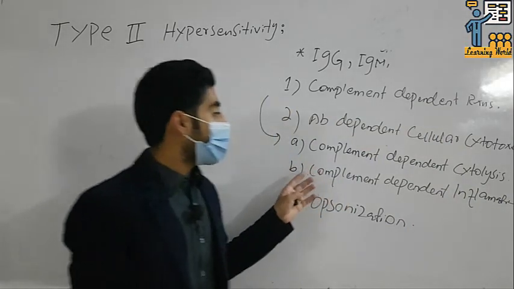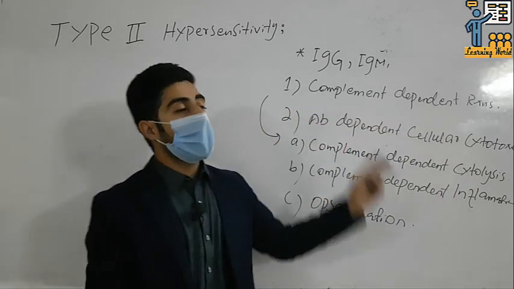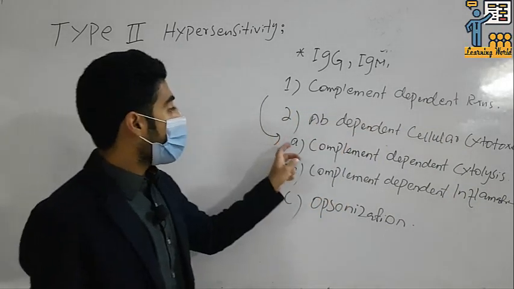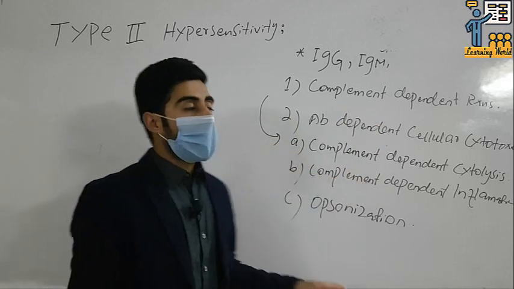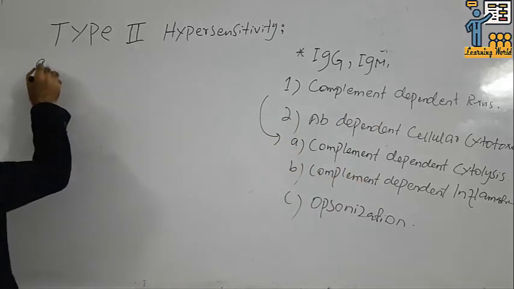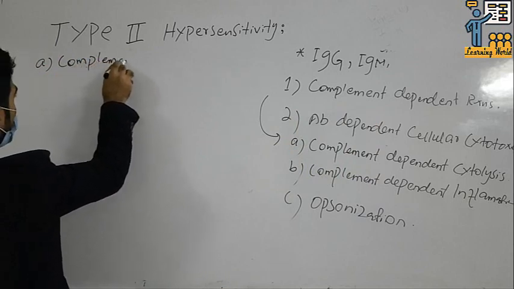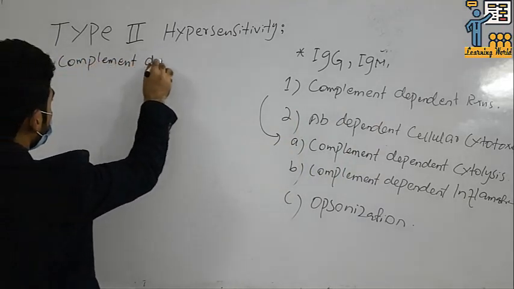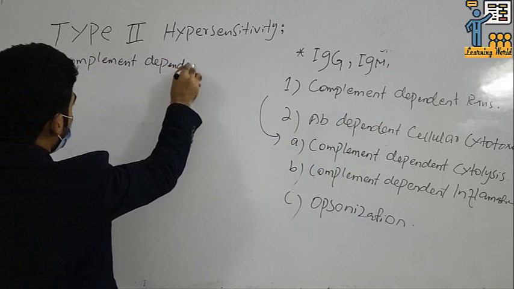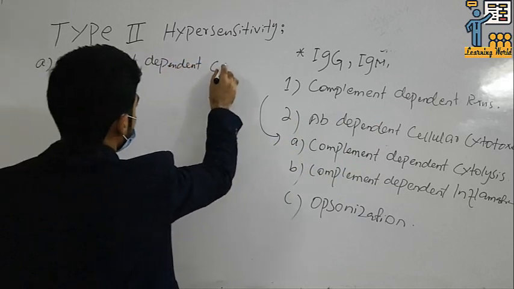These three types of reaction occur in the complement dependent reaction. First, we will talk about the complement dependent cytolysis.